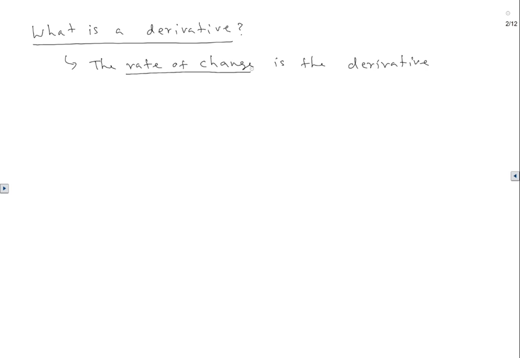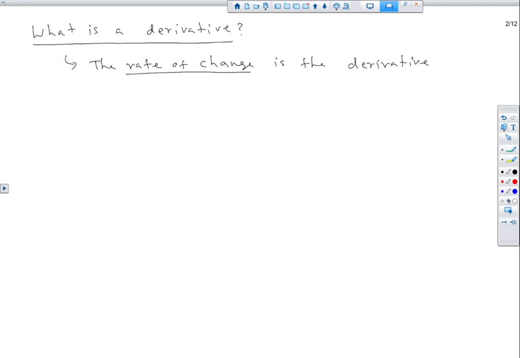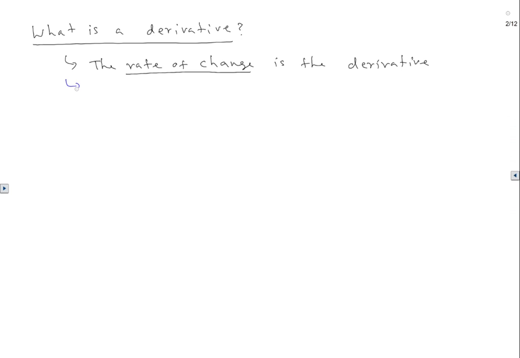When you think about a rate, it means it depends on something. So a better, more specific way to say it is: the rate of change of y with respect to x, which we normally write as w.r.t. x.